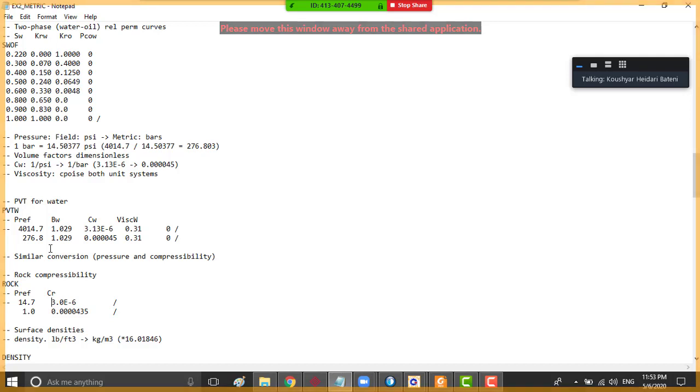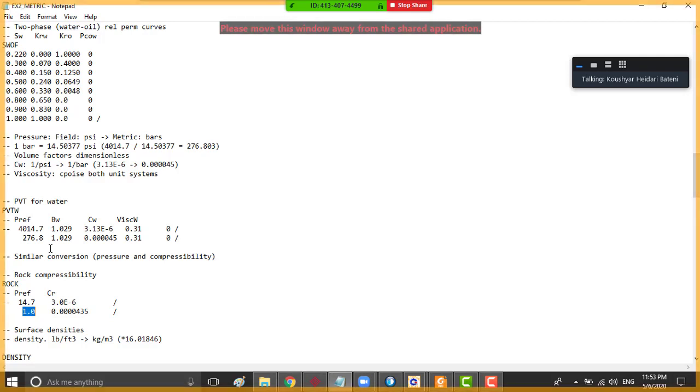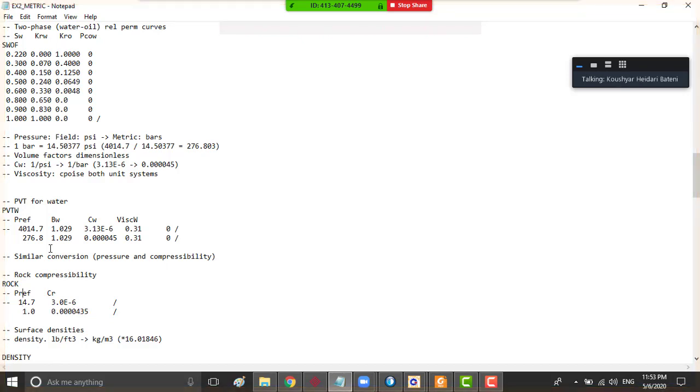Now, when you want to do the conversion to the metric system, you see that 14.7 psi is actually equal to 1 bar. And in order to do the conversion for the rock compressibility, you have to multiply this by 14.7, which is going to give you this. Right? So you have to do some changes for both fields of this specific keyword, ROCK, R-O-C-K.